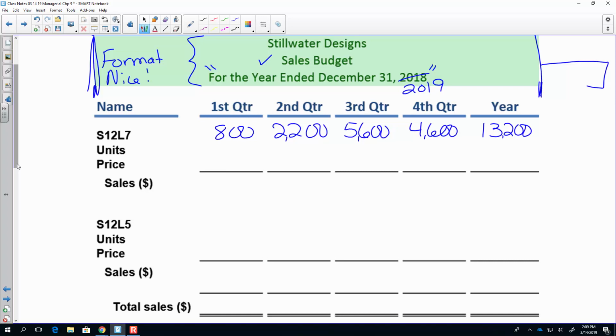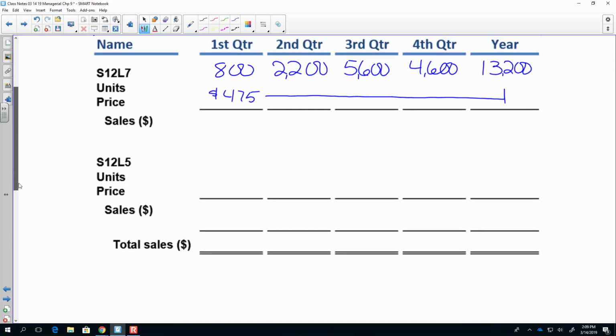And then the unit price was 475, a nice small number. I'm just not going to write them all out. And then we simply multiply those two out. We're looking at no cents, so we're going to round these multiplications to 0, right, in our formula here.